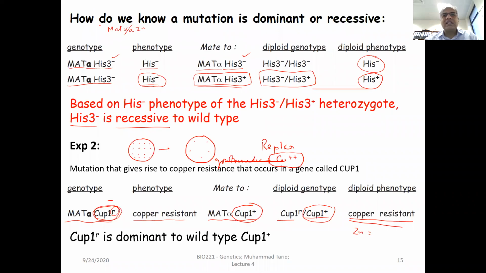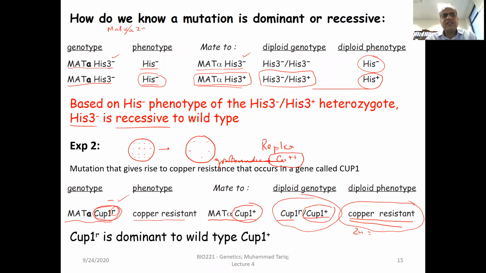So this is one synthetic example that you created, a heterozygous state, and due to mutation in this gene, the organism has acquired copper resistance in the labs.